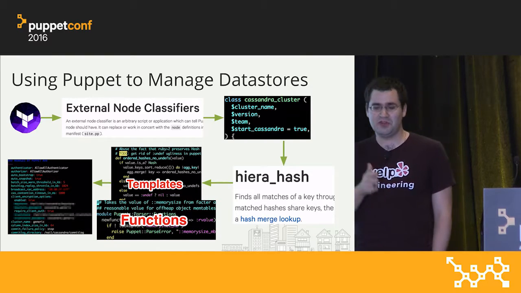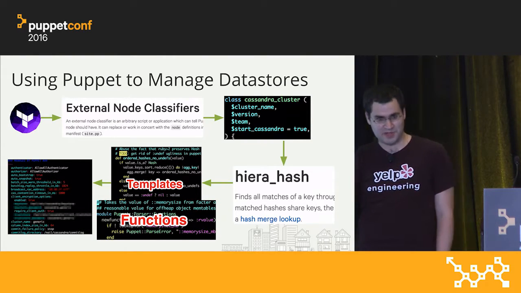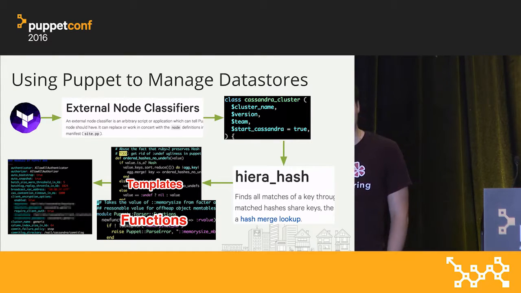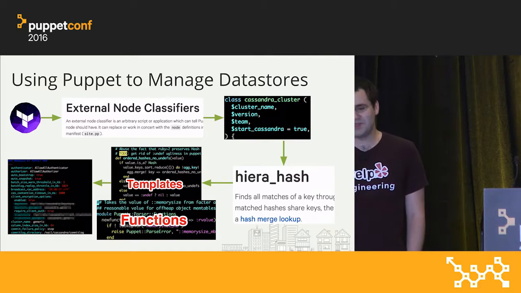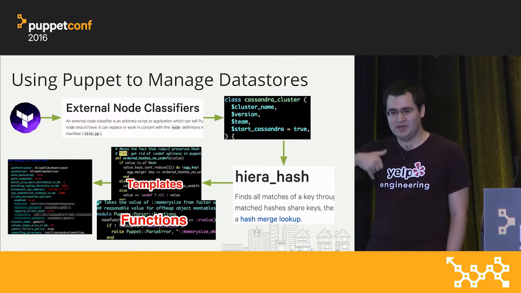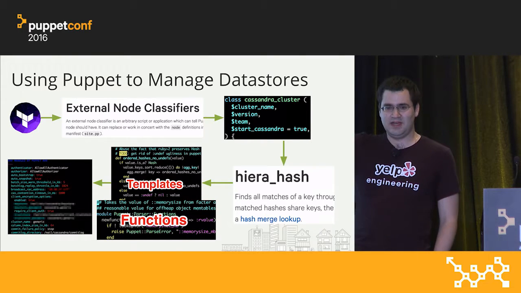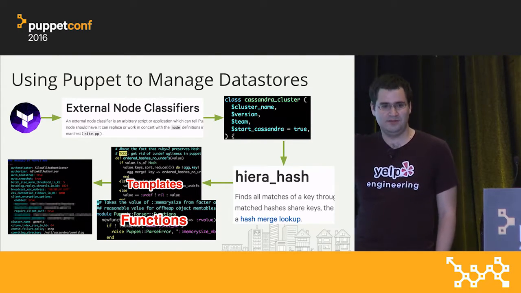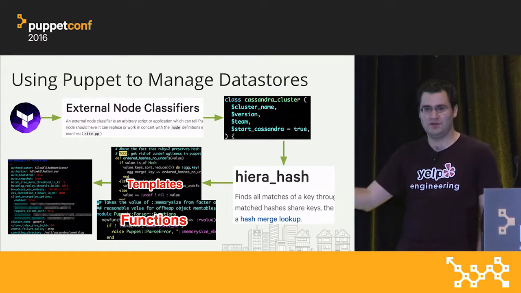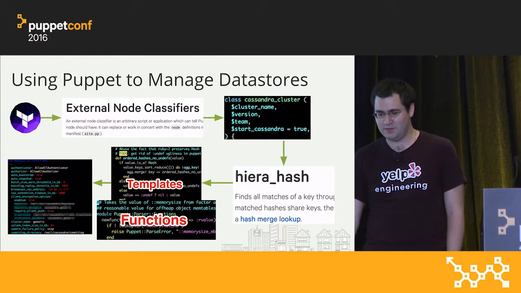Those inform external node classifiers, which inject just enough information into our cluster modules to get them started using their HIRA hash functionality, which then is able to fill in all the rest of the configuration, template it out to disk using templates, configure everything per node with functions, and then end up with an actual running instance of the data store. So this picture is a good overview of, if you're interested in replicating this kind of thing, what are the components that you have to build?